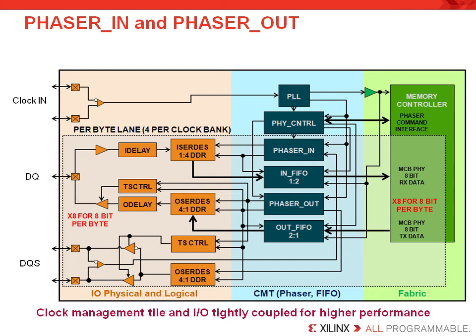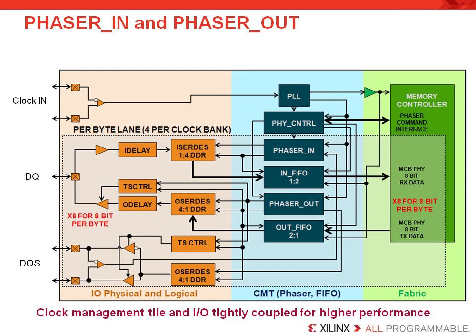And this diagram shows the new stuff that has been added to the 7 series, namely the phaser in and phaser out resources. As you can see, there is a PLL with each clock management tile. The PLL is used to generate a reference for the phaser in and phaser out blocks. In previous generations, this would have been sufficient, but with DQ and DQS signals requirements, we need to be able to not only generate out multiple signals that are accurately out of phase, but read in similar signals as well.